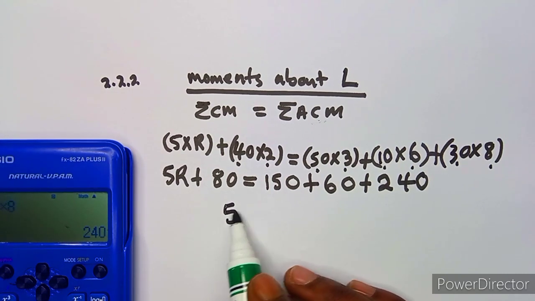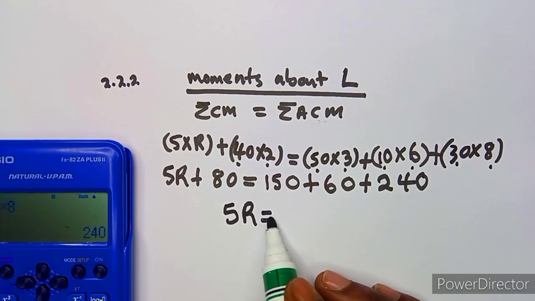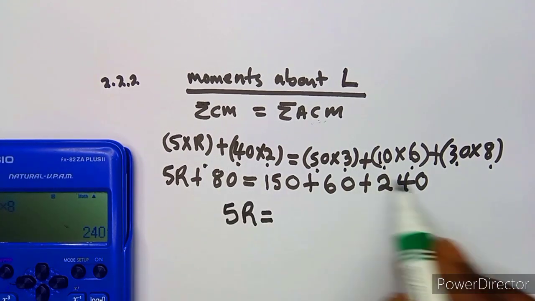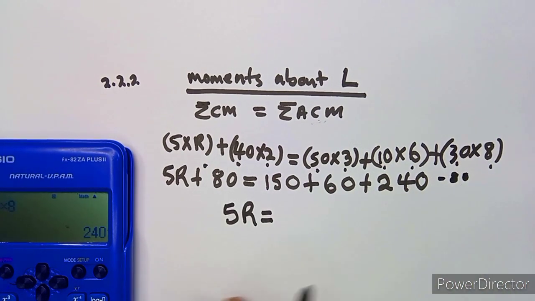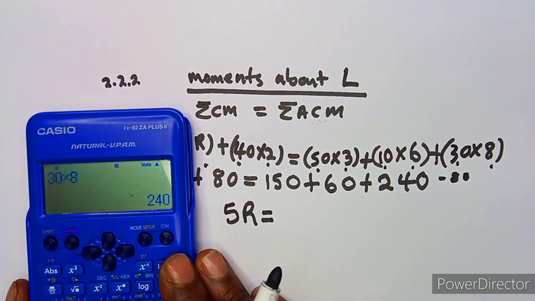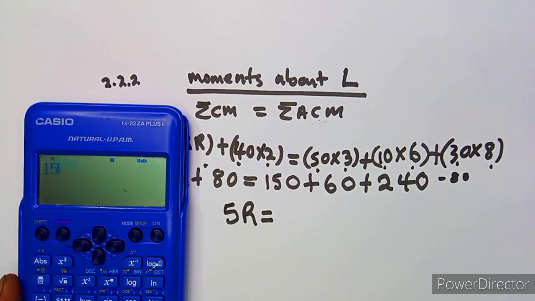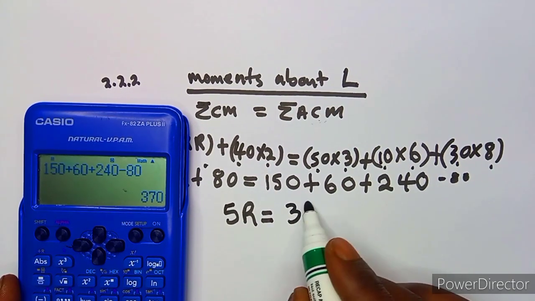So you are going to remain with 5R, which is equal to, you combine all these, then transpose 80 to this side, which means you're going to subtract 80. So make sure that you add these numbers properly, guys. That's 150 plus 60 plus 240, then you subtract 80, which is 370 in this case.